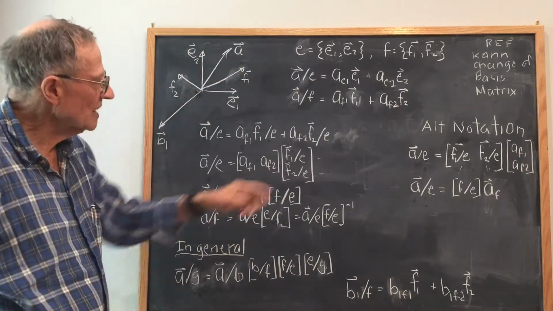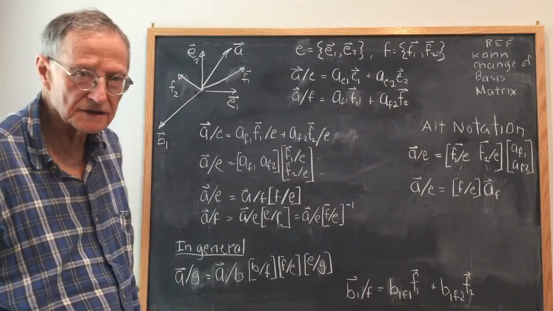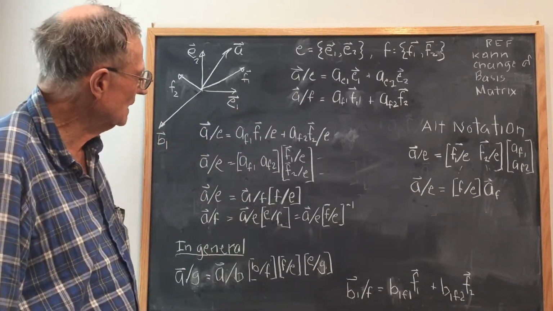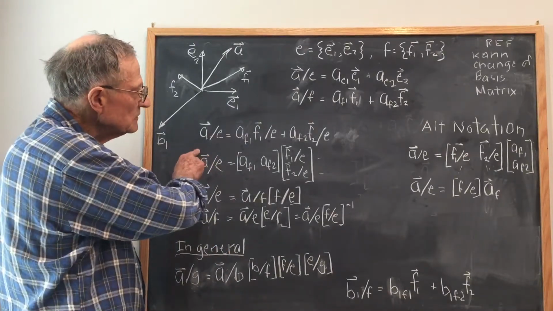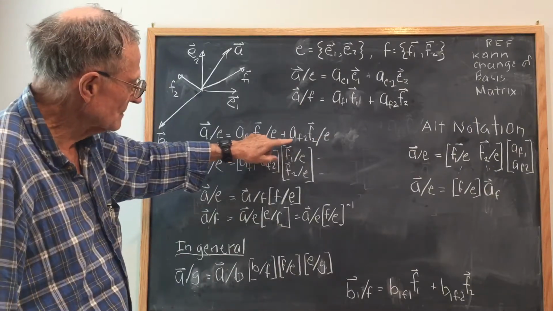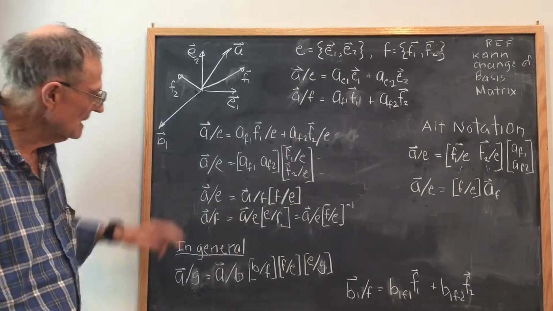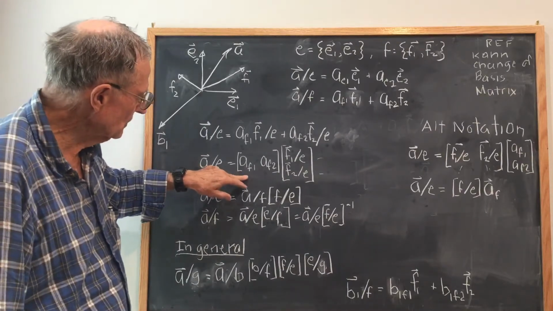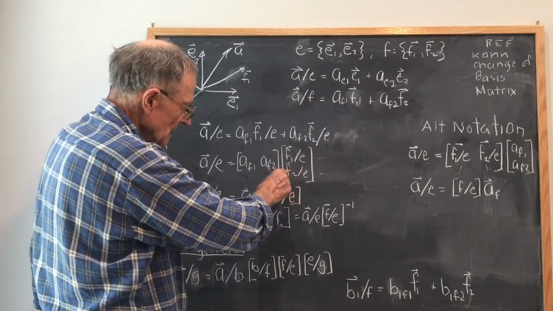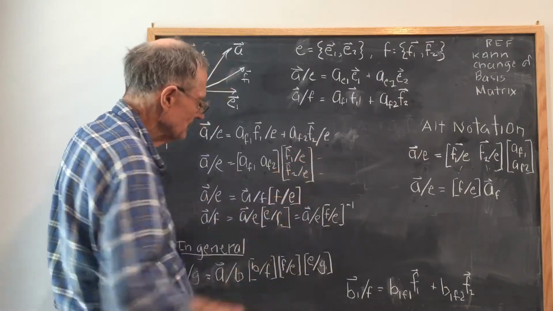Now, if I express F1 and F2 in terms of the E coordinate system, then I will get A with respect to E is A_F1 times F1 with respect to E, plus A_F2 times F2 with respect to E. So A with respect to E is equal to the row vector A_F1, A_F2 times the column F1 with respect to E and F2 with respect to E. And this is the change of basis matrix.